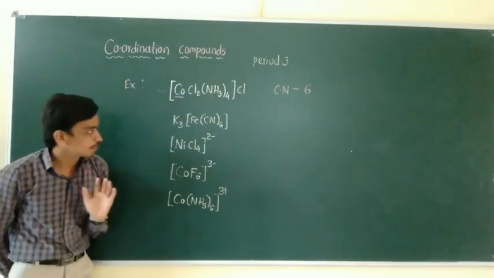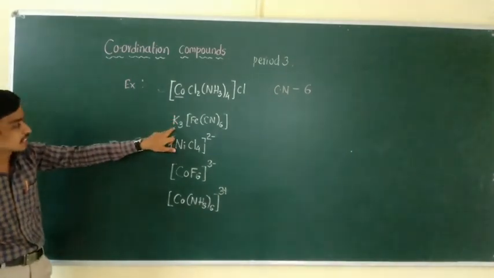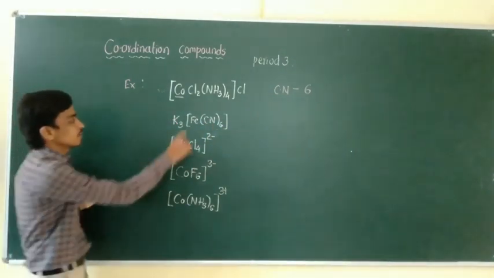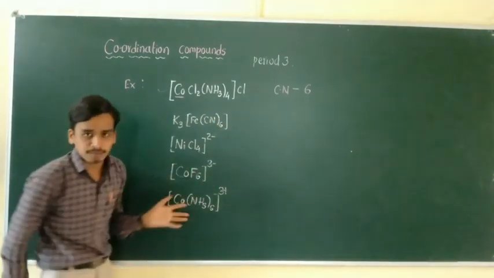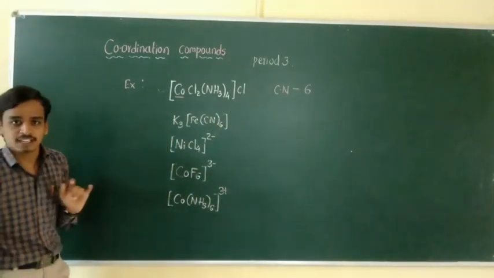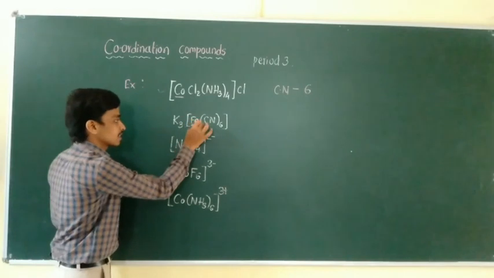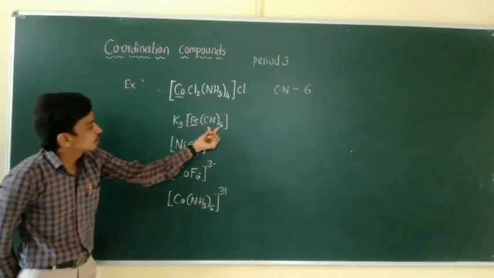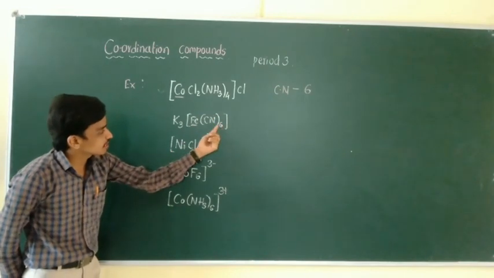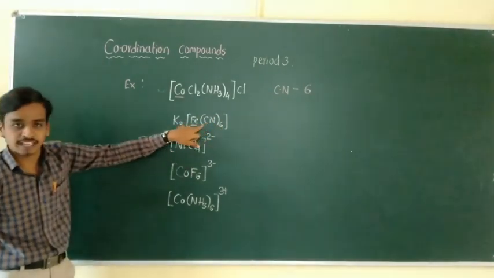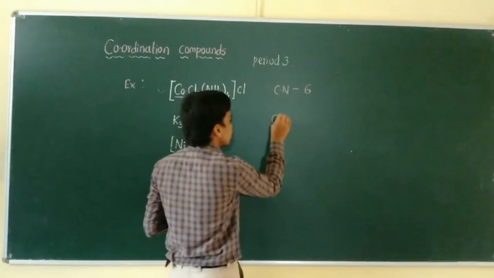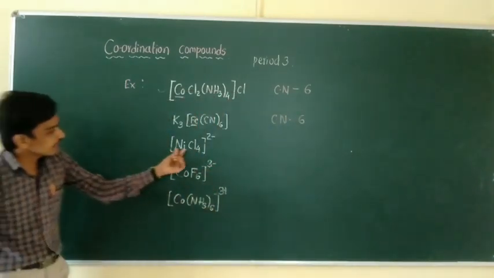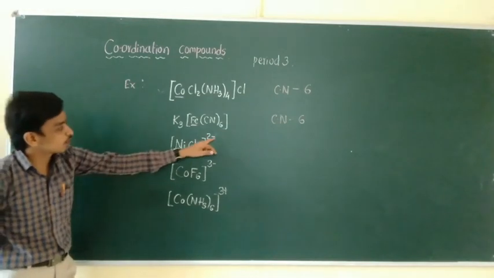Similarly, we can solve the examples one by one. Another complex is K3[Fe(CN)6]. Again, the important part is within the square bracket. First identify the central metal atom, which is iron as usual. Except iron, the remaining things are the ligands: 6 cyanide ligands of the same type. Therefore, its coordination number is 6. For the next example, you need not worry about the charges here.